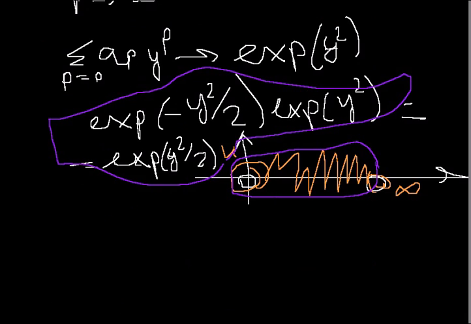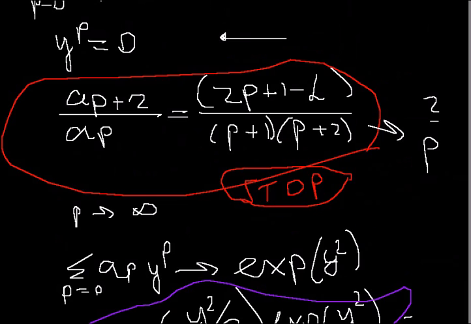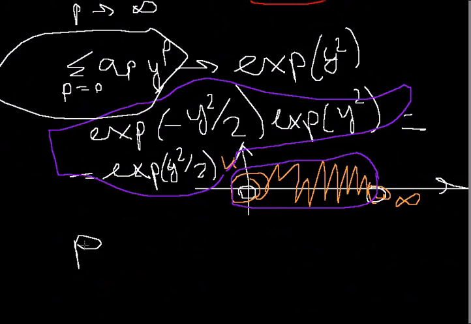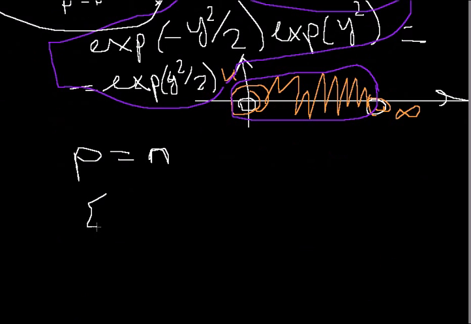That's why we must take this sum and cut it at some p equals n. Then we will not have any difficulties at infinity.